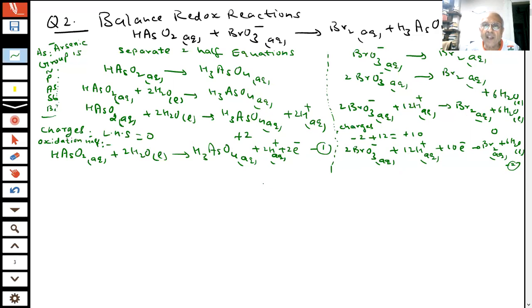Now what is the electron ratio? You have to add or subtract to cancel the electrons. So how will you cancel? There are 2 electrons here, here there are 10. So what will you do?